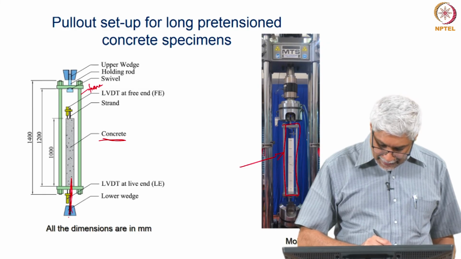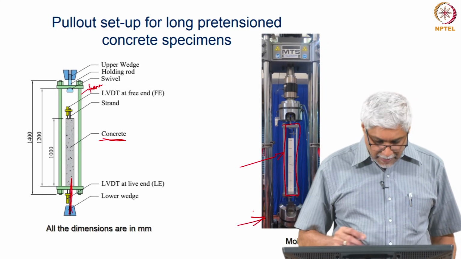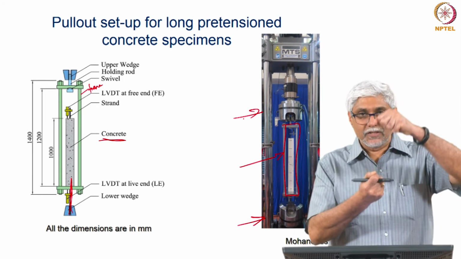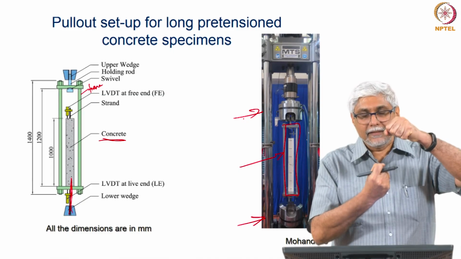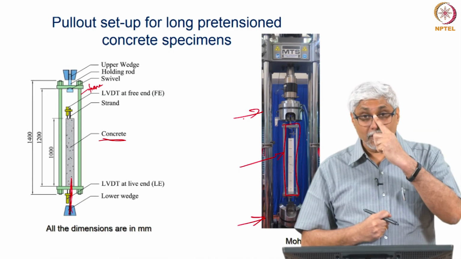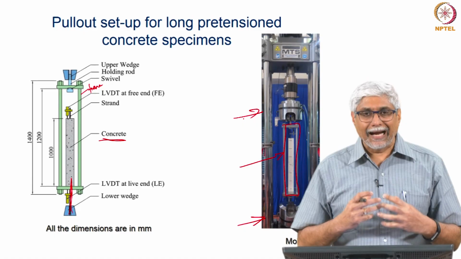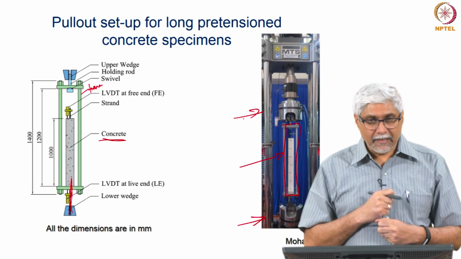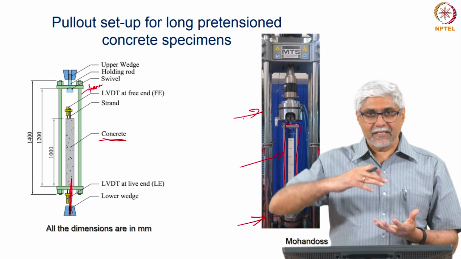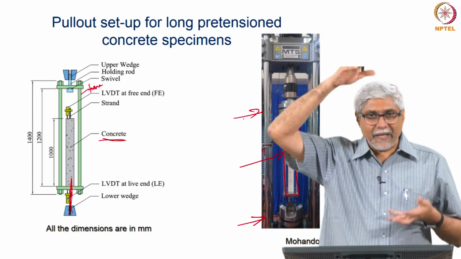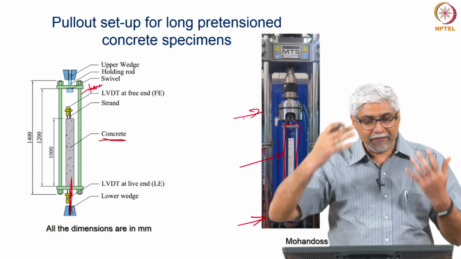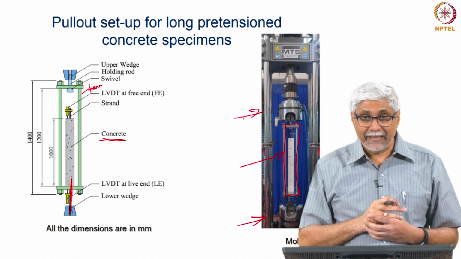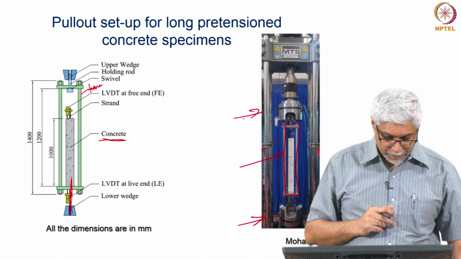The strand is held at the bottom in this wedge and the frame is held at the top wedge, and this whole thing is pulled such that slowly the strand is being pulled out of the concrete block. The idea is to understand that behavior and see when and how it pulls out. This also means that we need a system that has a large enough space to put this, enough load, and displacement stability to do this test well.